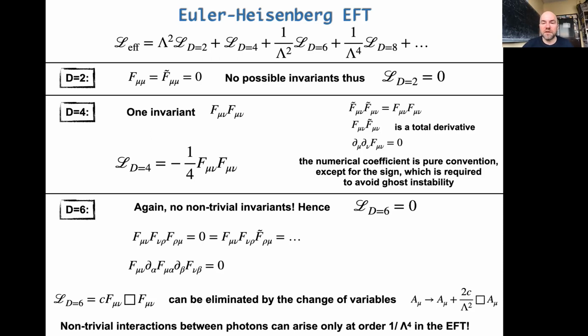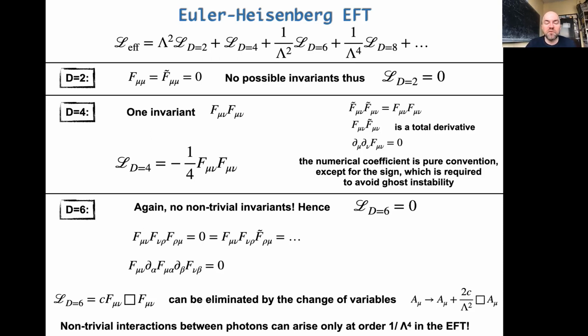So let's try going beyond dimension 4 and writing some interactions. If we go to dimension 6, it will again turn out that there's no way to write down any possible interactions.